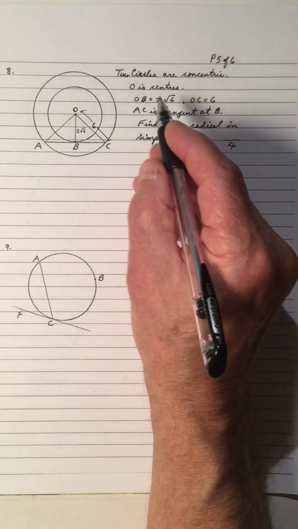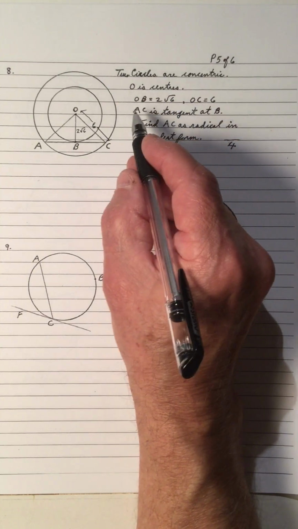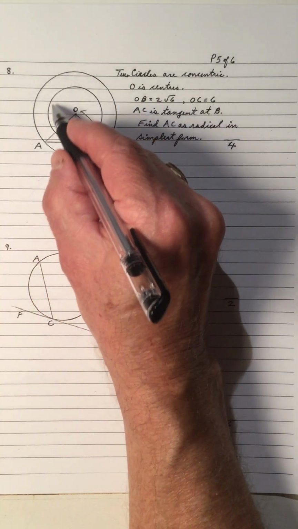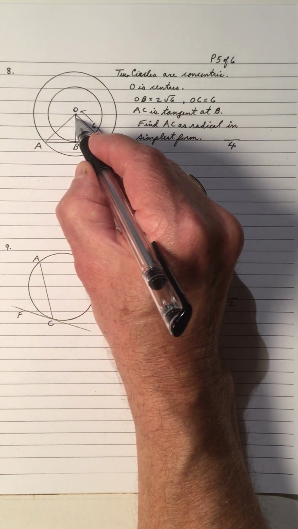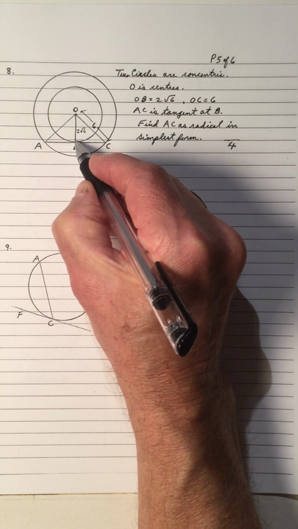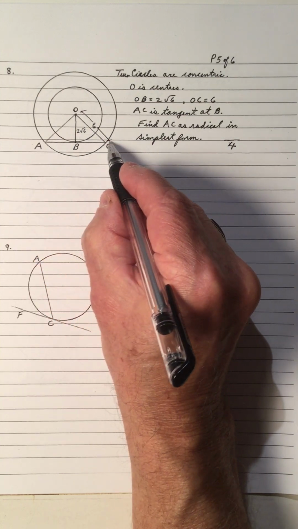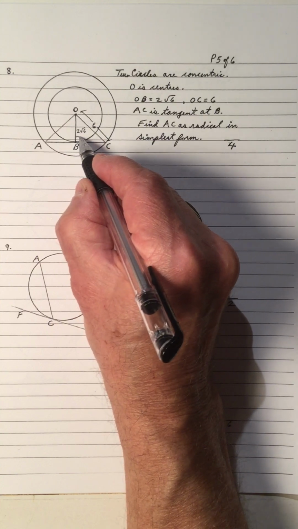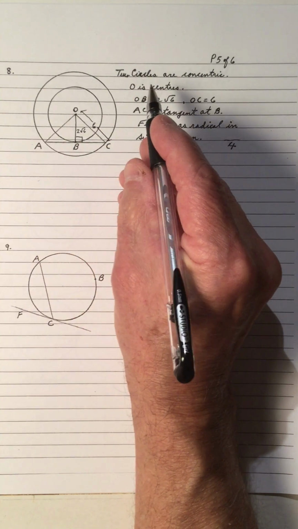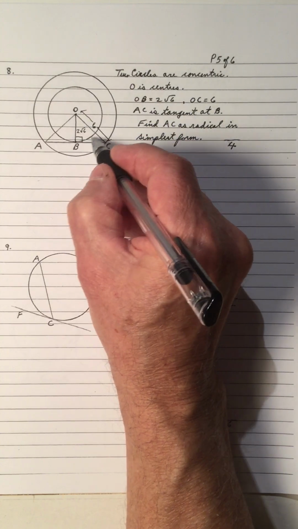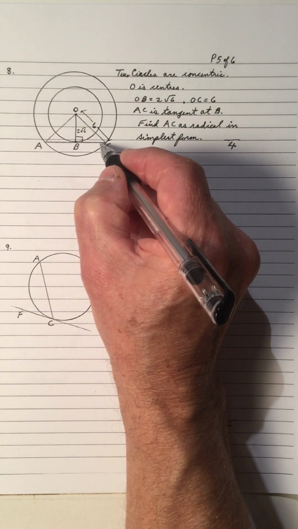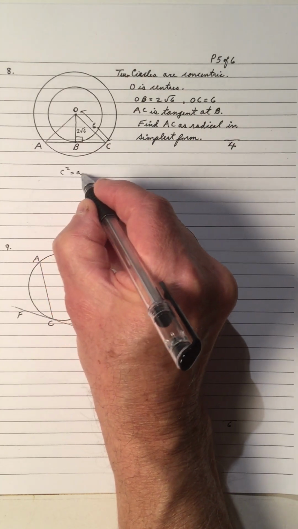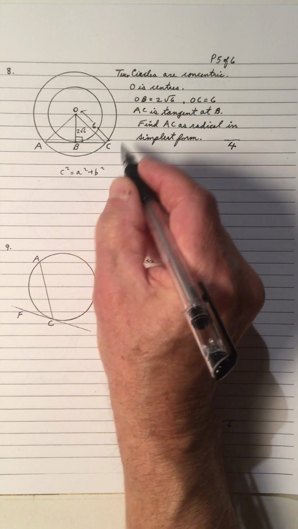Well, in relation to the small circle, this is a tangent, so OB is a radius. This is a tangent AC at B. This is a radius, so this is a 90-degree angle. So that means I can do the Pythagorean property to work out BC. So C squared is A squared plus B squared.